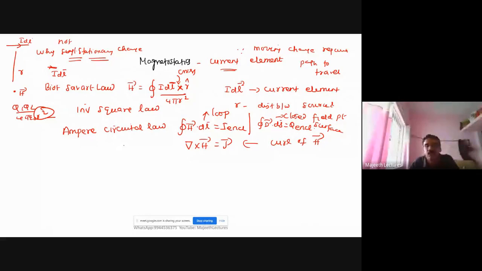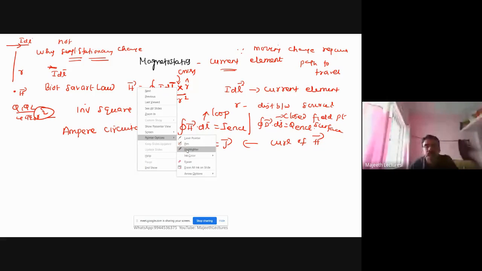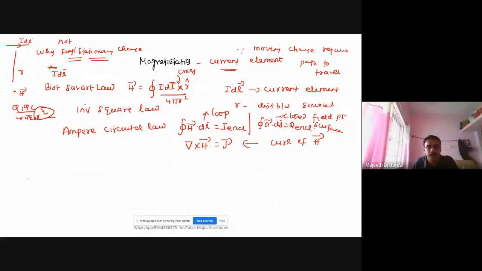Here you see the curl of the magnetic field has come. Next, we talk about the divergence of the magnetic field, given by del dot B. Before that, we must know what B is. B is the magnetic flux density, like our D, the electric flux density.